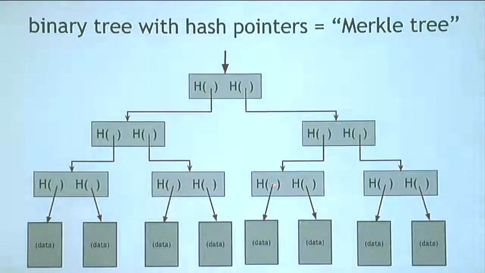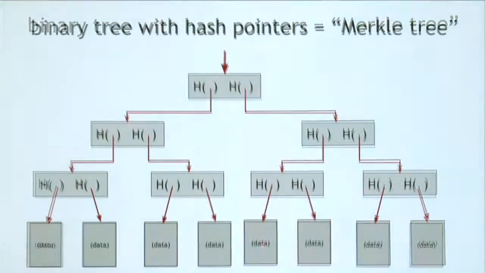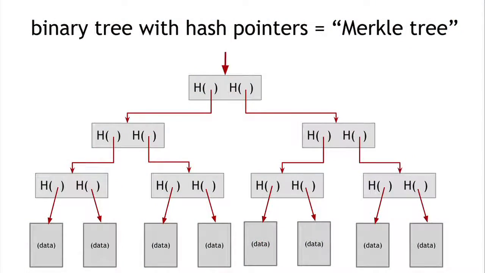And therefore, he'll have to tamper with the hash pointer one level up from there. And therefore, he'll have to tamper with the hash pointer one level up from there. And eventually, he'll get up to the top where he won't be able to tamper with the hash pointer that we've remembered. So again, any attempt to tamper with any piece of data across the bottom will be insured against by just remembering the hash pointer at the top.